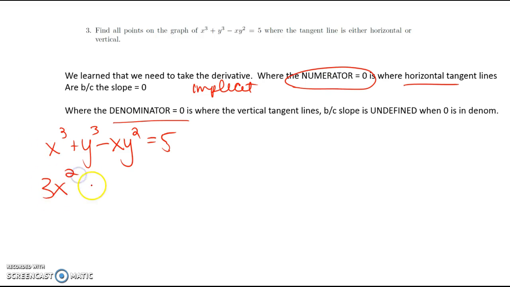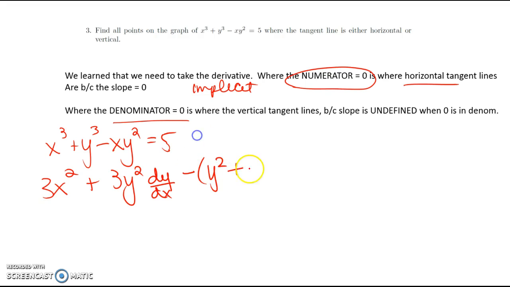3x squared, all right, plus 3y squared dy dx. Now I have to do the product rule, don't I? Minus the derivative of x times y plus x times the derivative of y, 2y, dy dx. So far so good, equals 0.